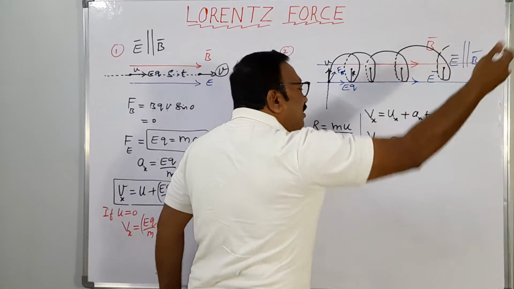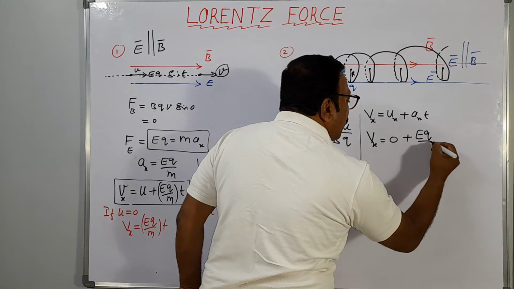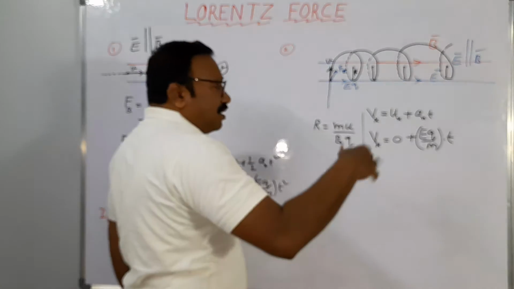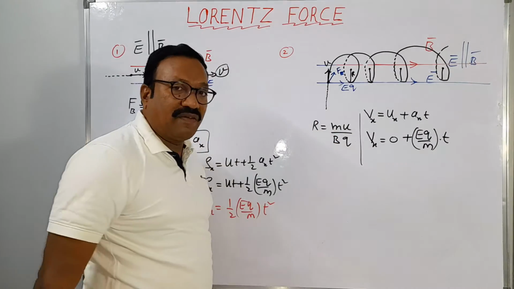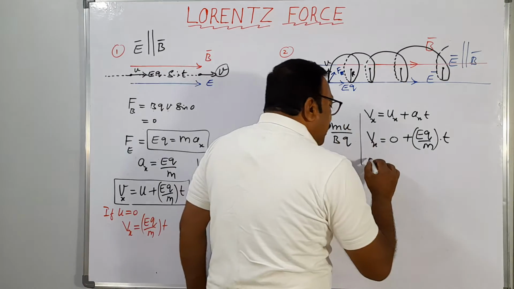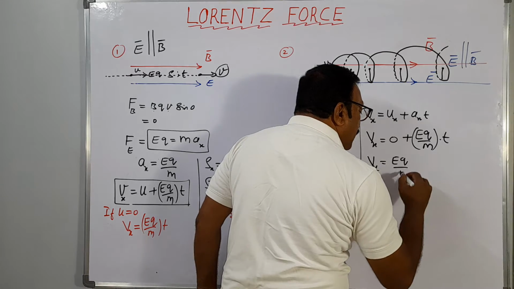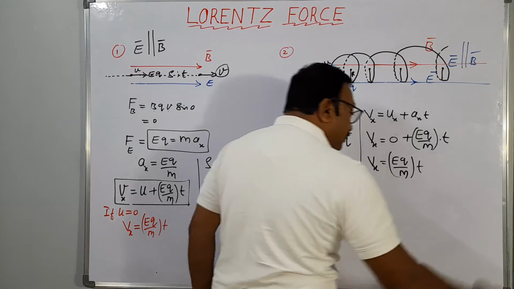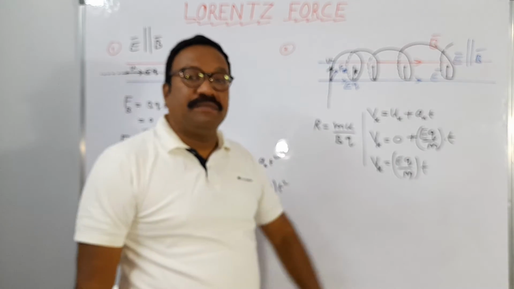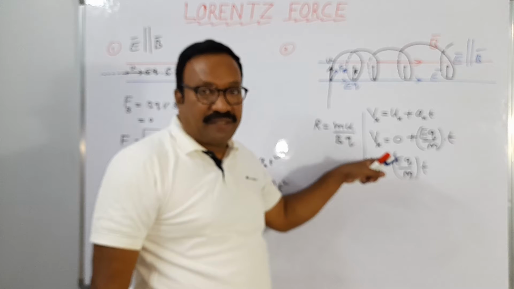Afterwards, slowly the horizontal velocity will develop, because of this force EQ. Initially the horizontal velocity is 0. Therefore the velocity along the x-axis is increasing with time. The electric field is increasing this velocity.